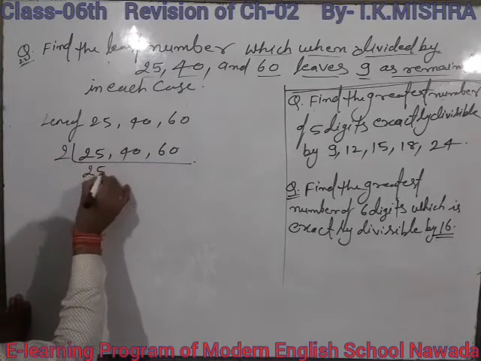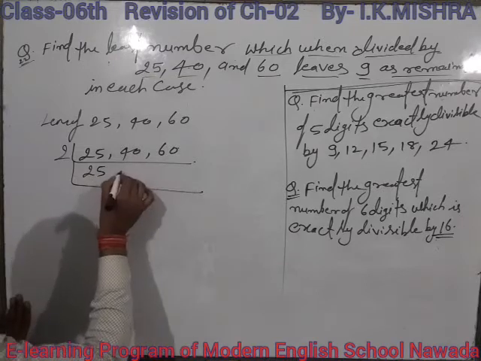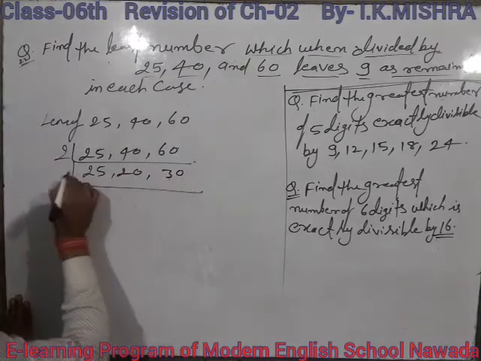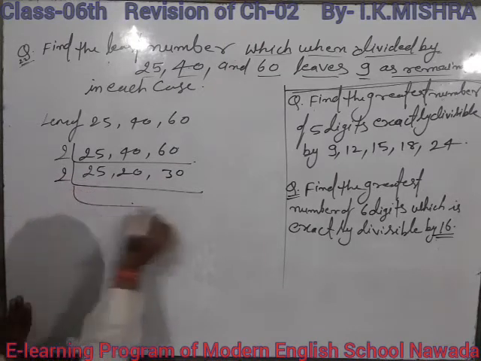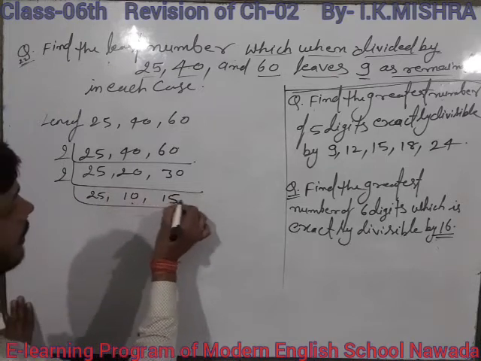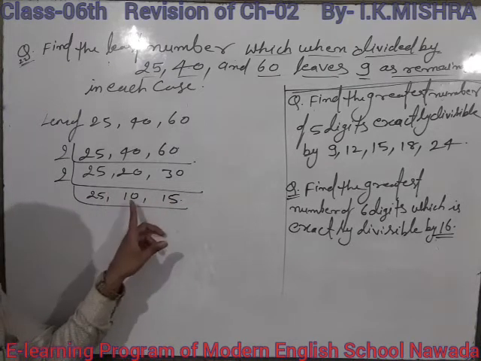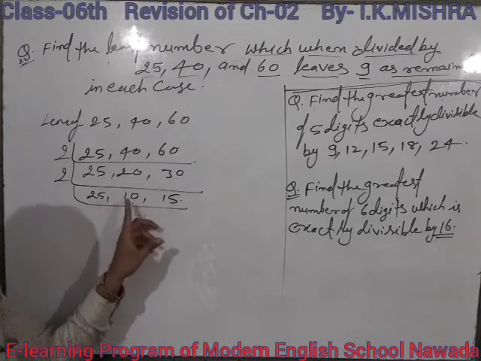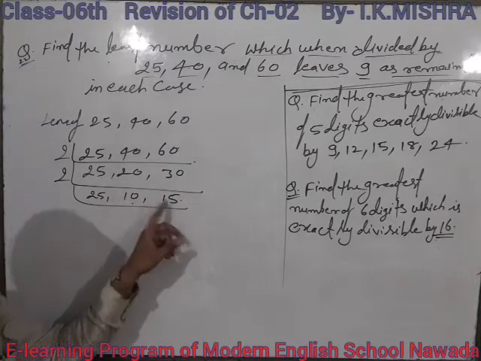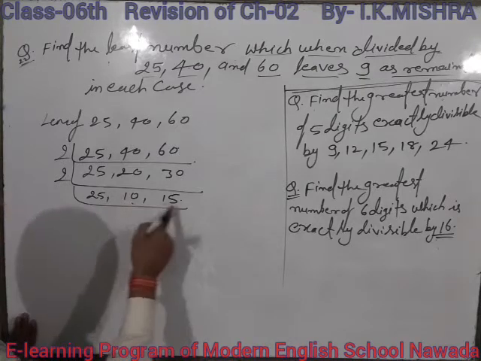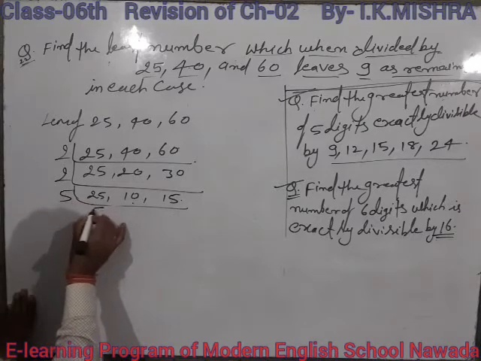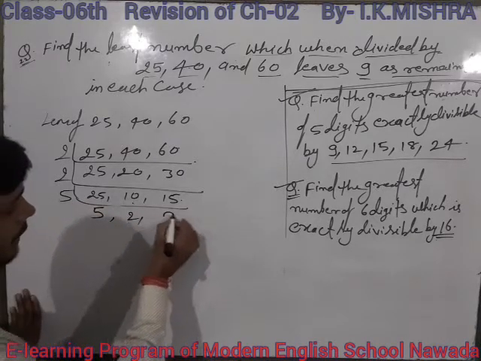Then here 25, 20 and 30. This is also divisible by 2, so divide by 2. That means 25, 10 and 15. Students, after that, except 10, none are divisible by 2, so we do not divide by 2. So divide by 5: here 5, 2 and 3.